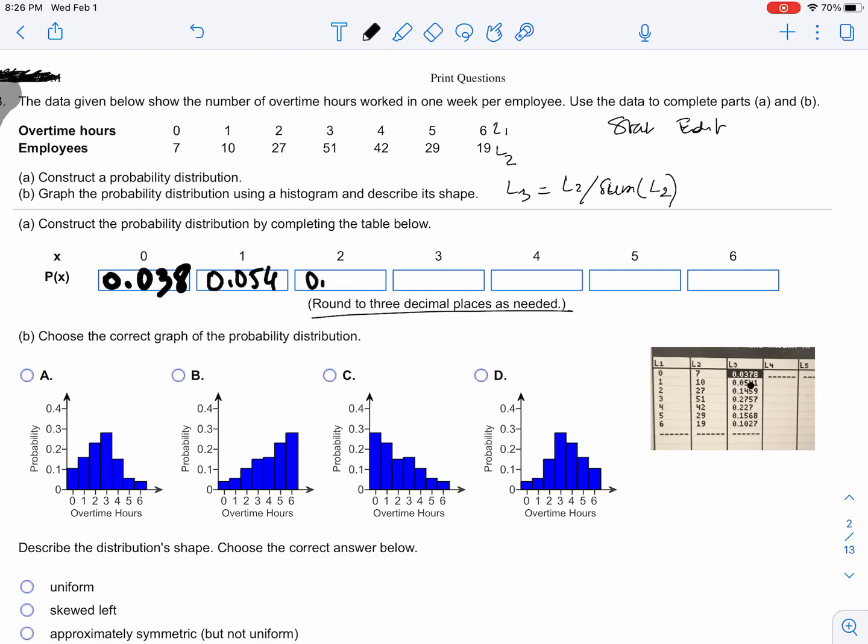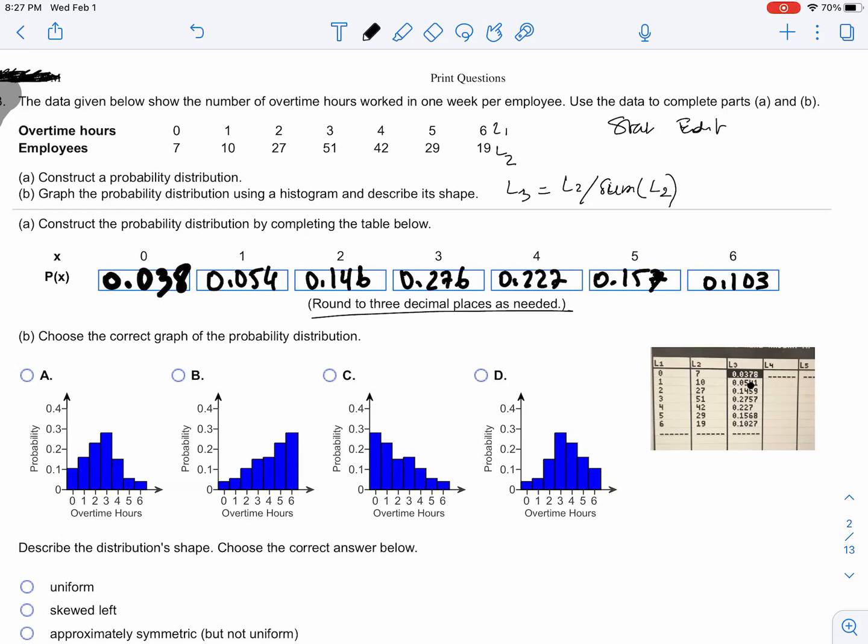The next one is 0.146. The next one is 0.276. 4 is 0.227. 5 is 0.157. Finally, 0.103. And then you can look at the histogram to figure out where you're supposed to be.